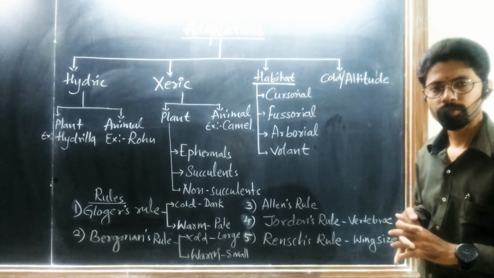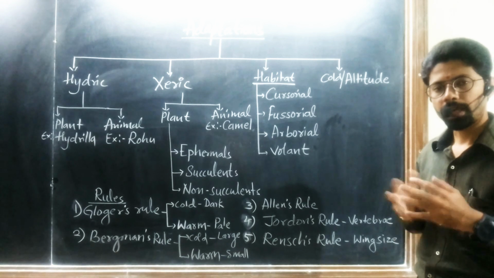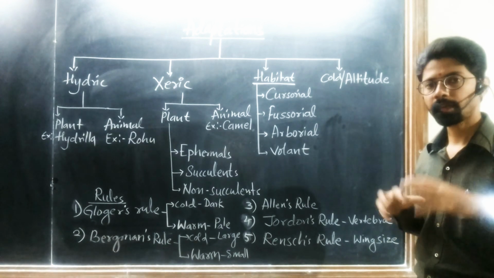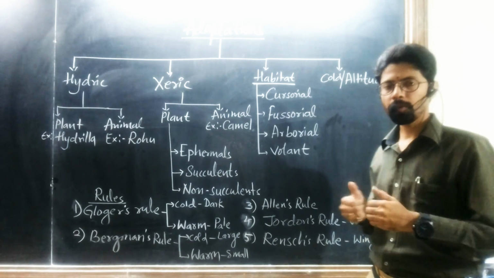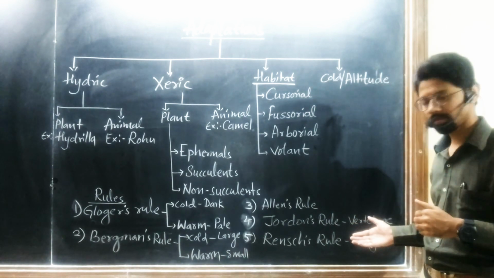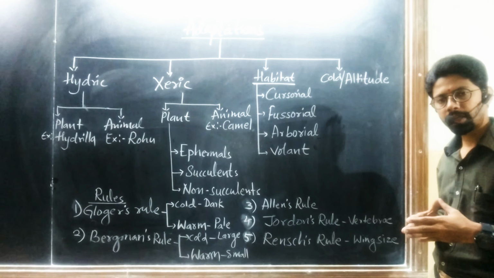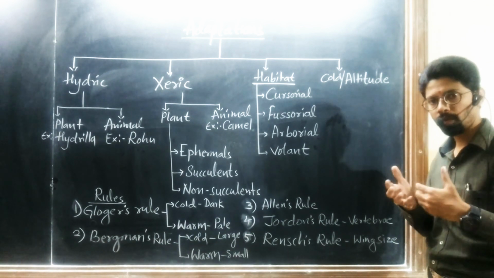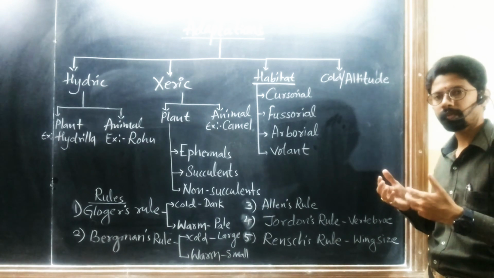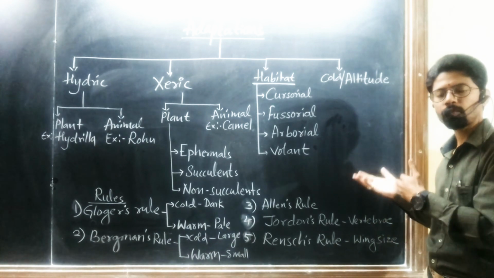Coming to Jordan's rule. Jordan's rule is again about cold and warm habitat, with respect to water. He is talking about fishes. According to Jordan's rule, the number of vertebrae in a fish living in a cold environment is more than in a fish of a similar family living in warmer areas.